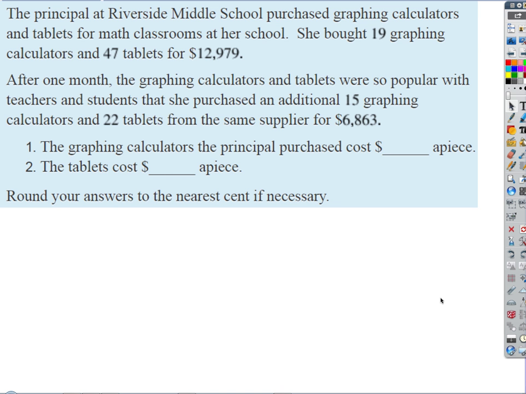Okay, so a principal at Riverside Middle School purchased graphing calculators and tablets for math classrooms at her school.